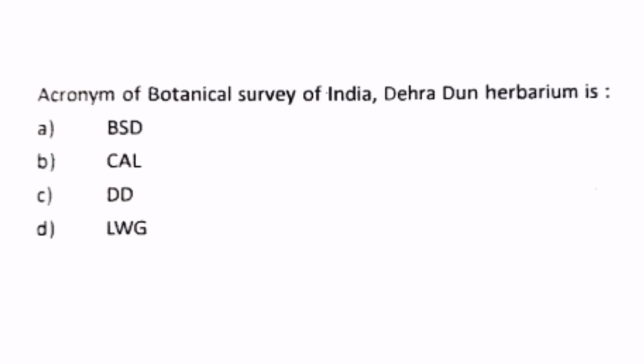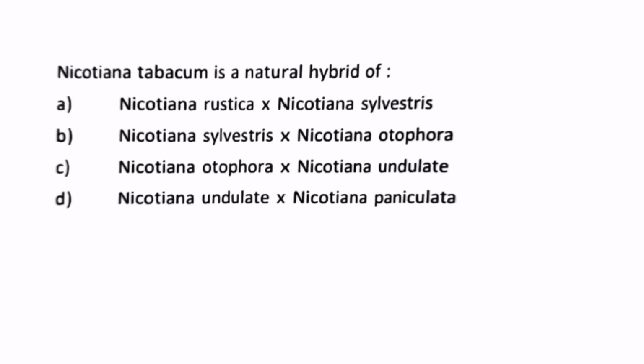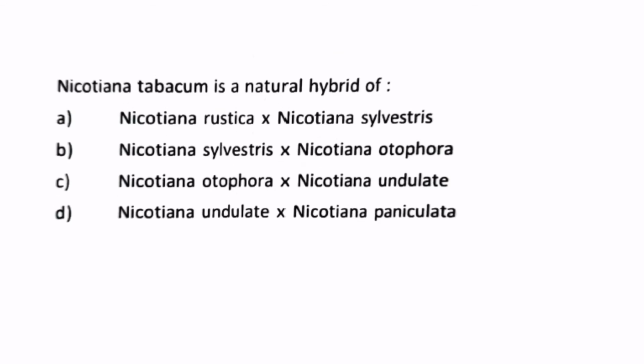Next question. Acronym of Botanical Survey of India, Dehradun Herbarium is, well, Dehradun. Our acronym will be BSD. Next question. Nicotiana tabacum is a natural hybrid of, well, it's a fact-based question.